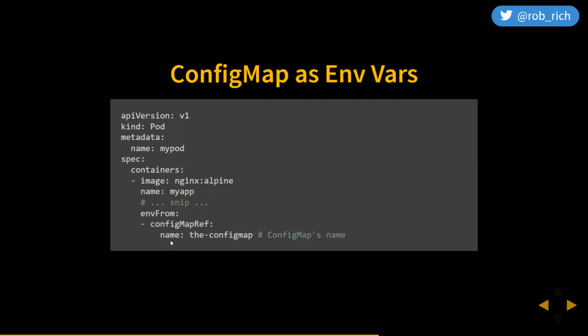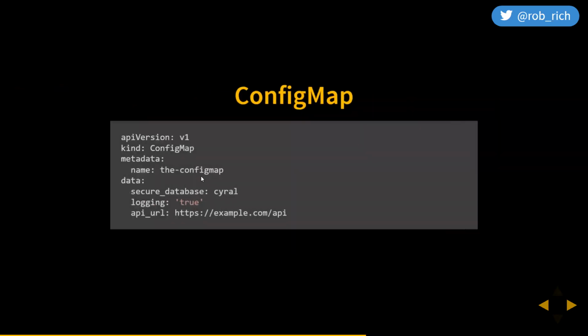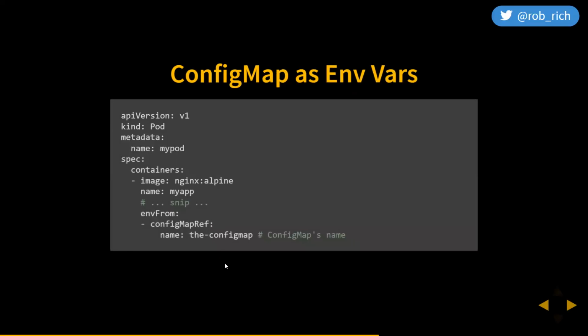But now I have this elegant separation. Operations can own this piece. We can set environment-specific configuration inside of each namespace. And developers can own this piece, where they just identify, I would like to suck in all of the configuration from that config map and make it available to my application. This can be great if I have different configuration between dev and QA and prod. I'll create lots of different config maps, but then I'll have one pod definition that just pulls in the details from the applicable config map given the namespace that I'm in.